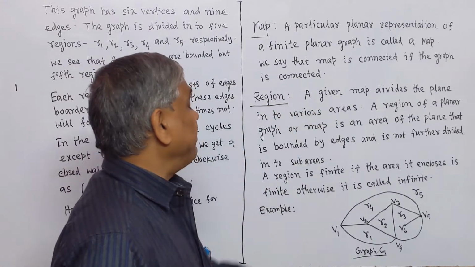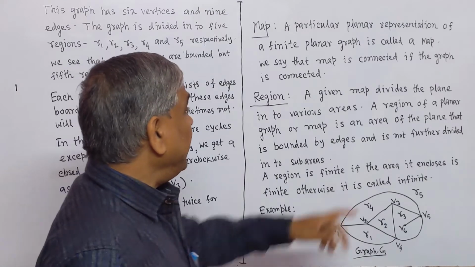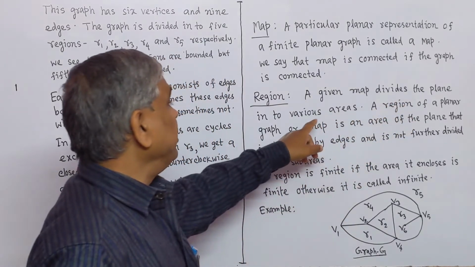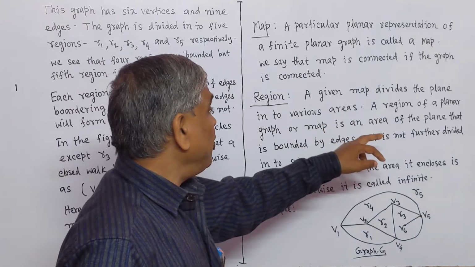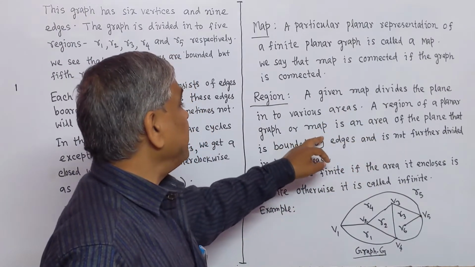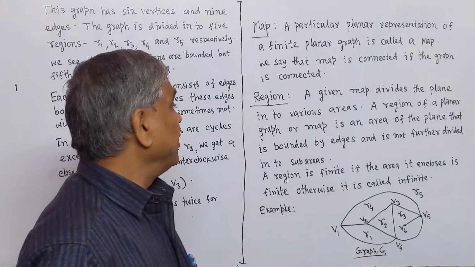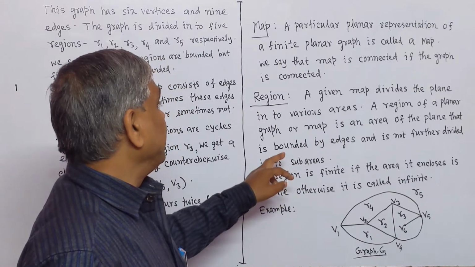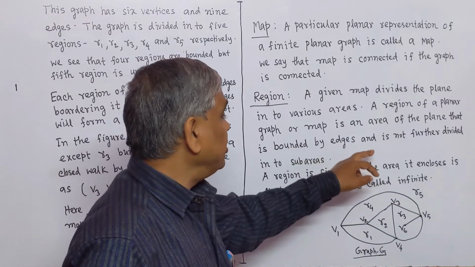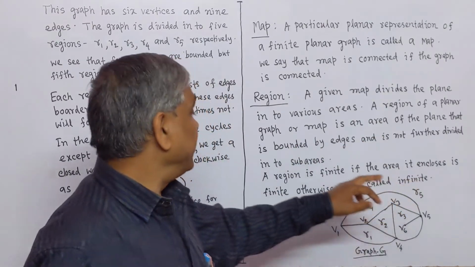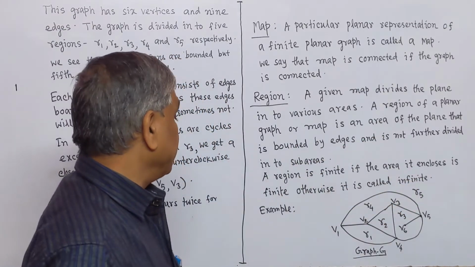A given map divides the plane into various areas. A region of a planar graph or map is an area of the plane that is bounded by edges and is not further divided into sub-areas.